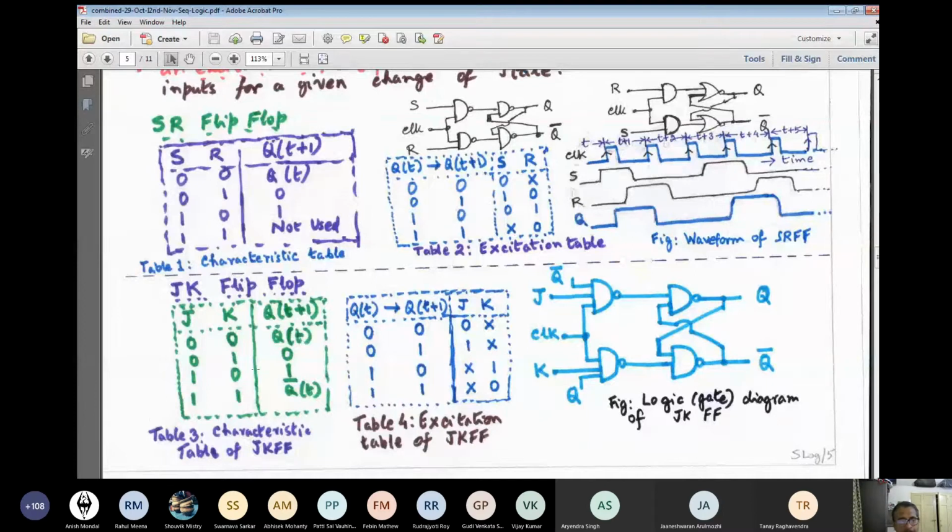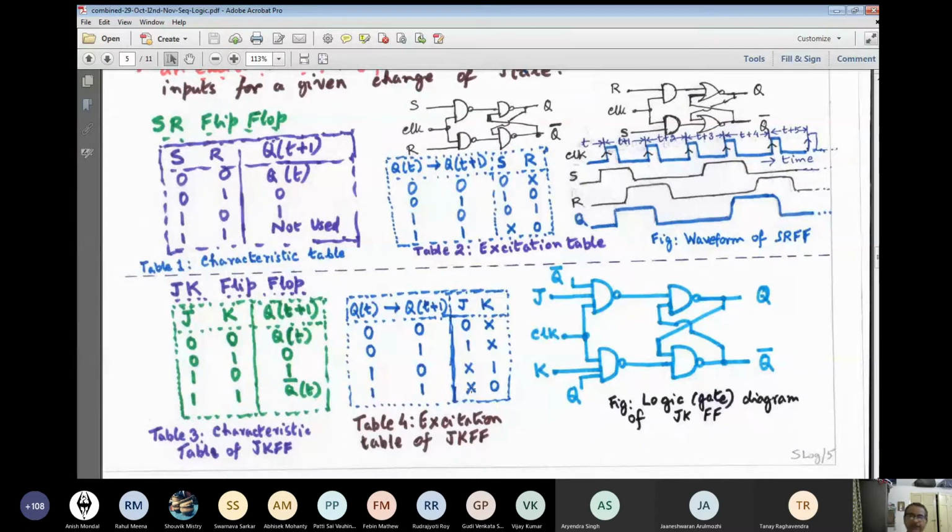Clear? On the other hand, see the excitation table here. In the earlier one, the excitation table of the SR flip-flop, we had only 2 X's. Now we have 4 X's. The number of X's has become double. Now you can question how it is useful. Yes, we'll appreciate that when we design a circuit using JK flip-flop and using SR flip-flop. We'll see that if we use a JK flip-flop, more simplicity will be guaranteed.